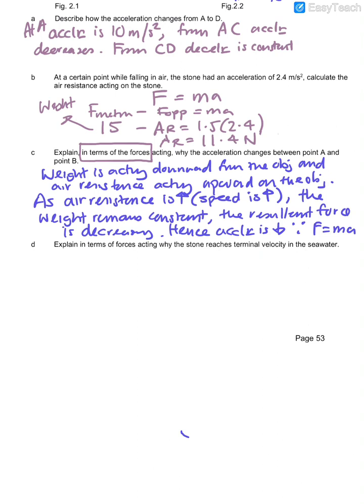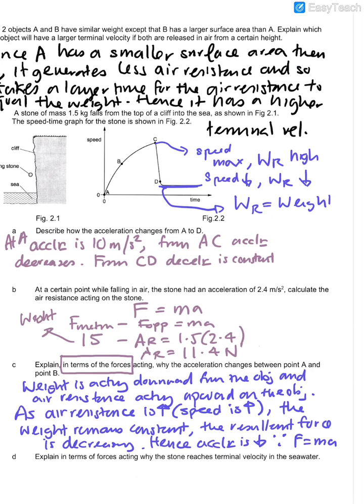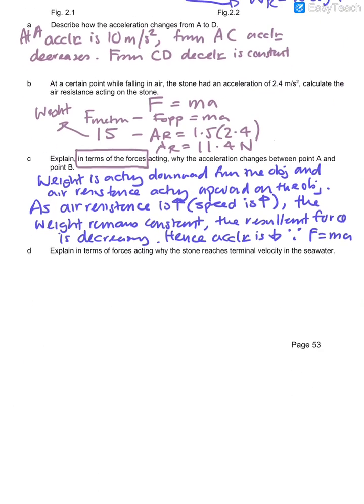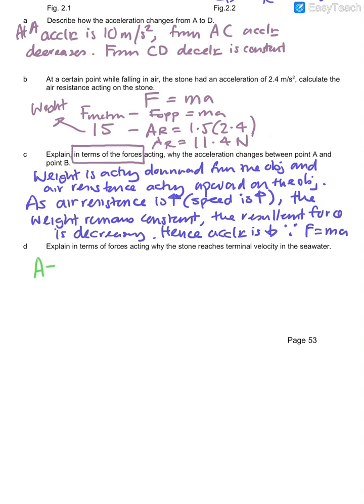Okay, how do we start? Where do we start? You talk about forces acting on them first. Which point do we start? C. Okay, start at point C. At C, what are we going to say?